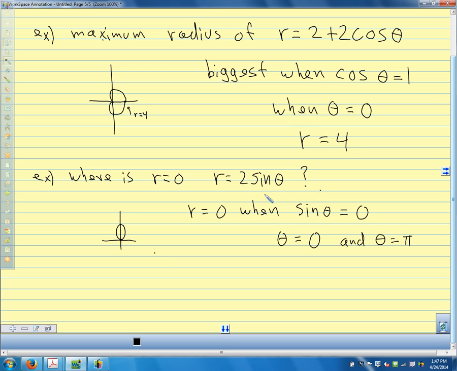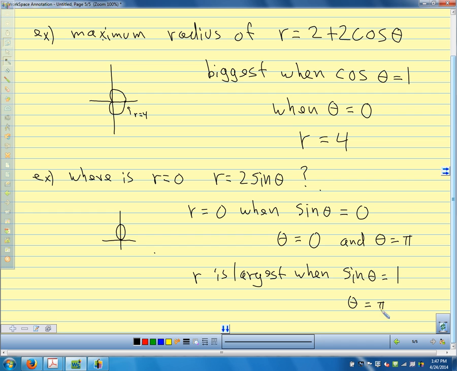So using that same idea here, when would the radius of r equals 2 sine theta be the largest? When sine theta equals its largest value, sine theta equals 1. And when is sine theta equal to 1?